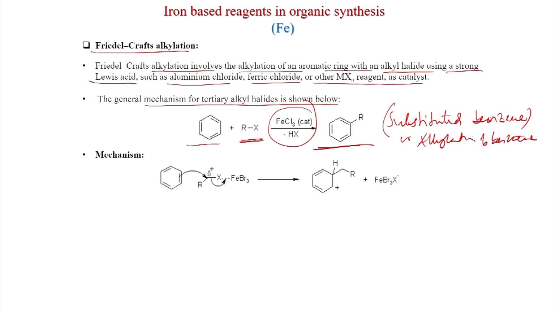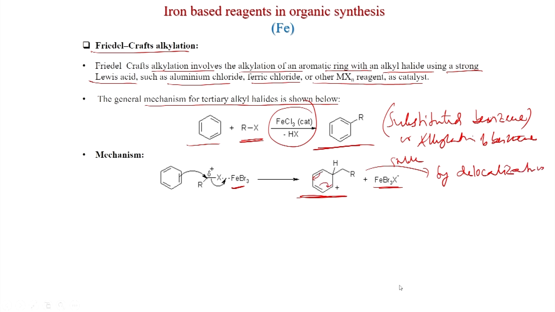So, what could be the mechanism? FeBr3 is a Lewis acid, so it can react with X and there will be a delta plus charge on the carbon connecting to R, and that is stabilized. So, here you get this carbocation after addition, and FeBr3X minus is the byproduct. Now, this carbocation is actually stable. So, this is stable by delocalization, because these pi bonds will help in the delocalization of this.